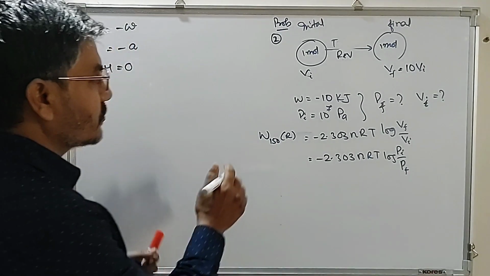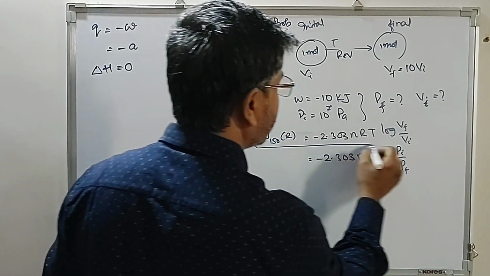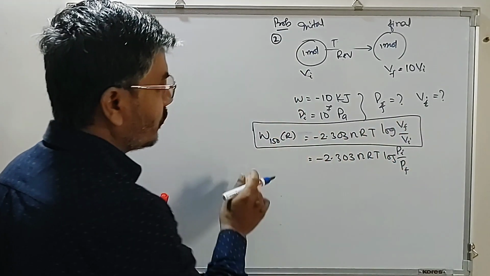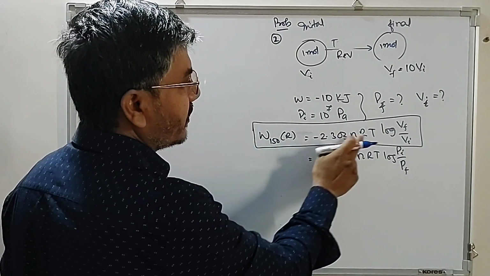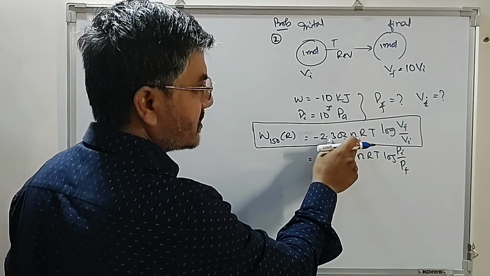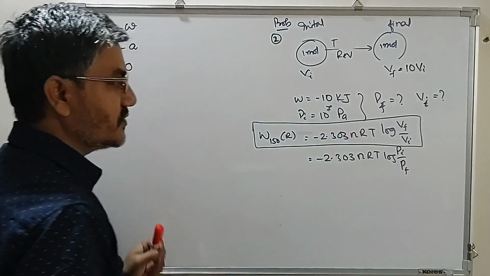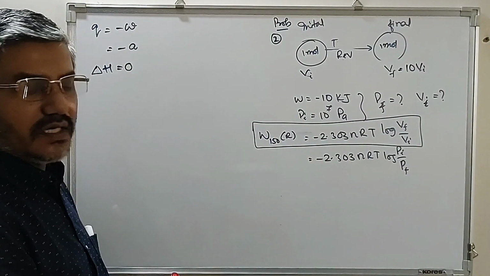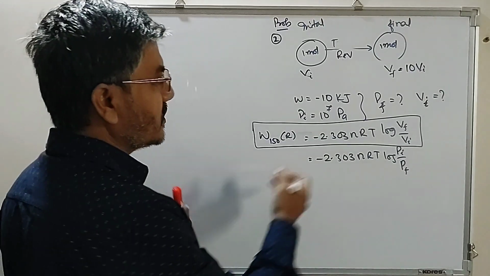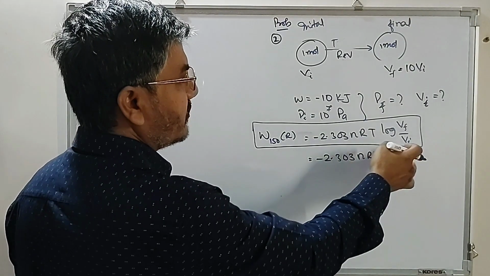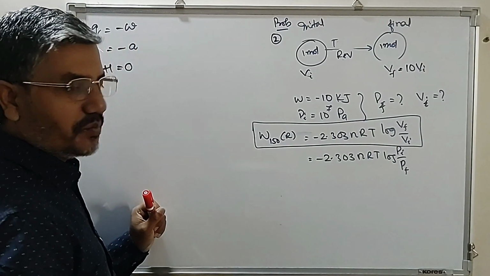So use this equation again. From this equation, we have work done, we have the constants R and n given to you, this ratio is given, so we can find the temperature at which this process has been taking place. Once we know this, we can easily find the values of Pi or Pf.